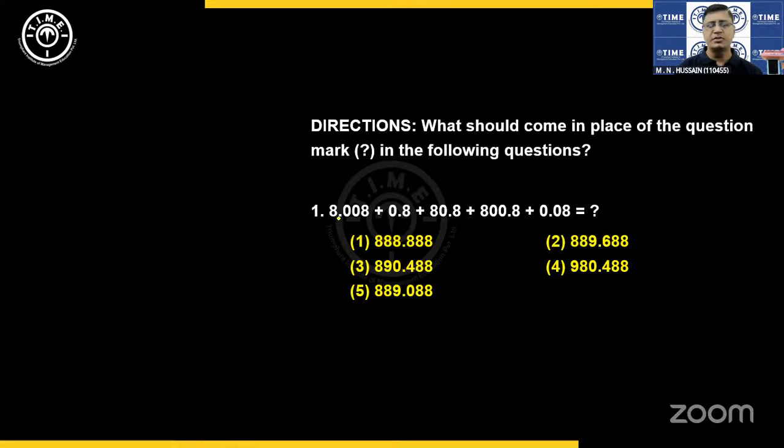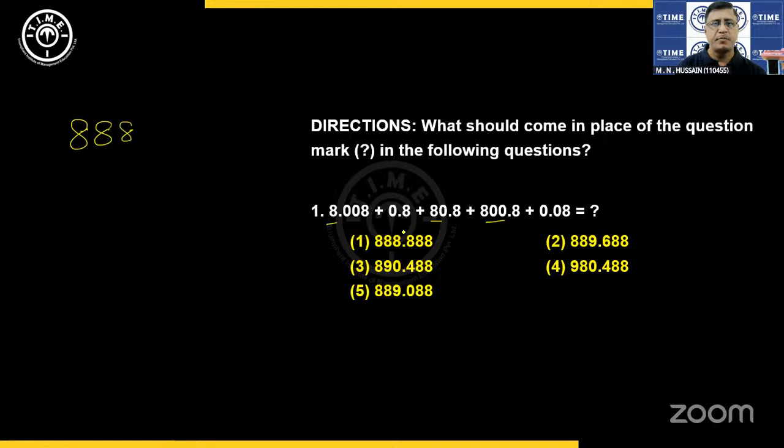Sum of these numbers. If you observe this question carefully, here we have two parts. One is an integer, the other one is a decimal part. First, add the integers 8 plus 80 plus 800. How much is the sum of all these? 888. Am I right?